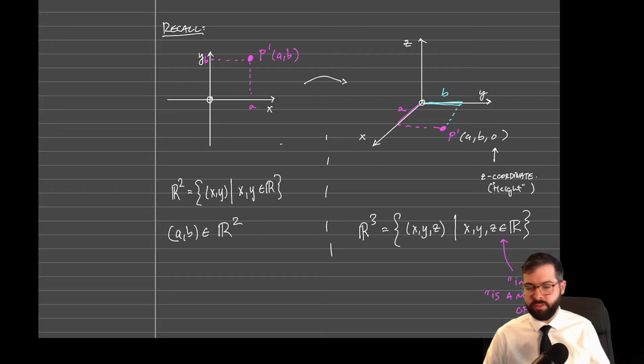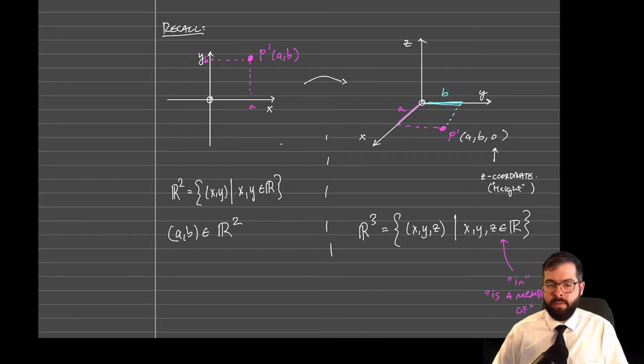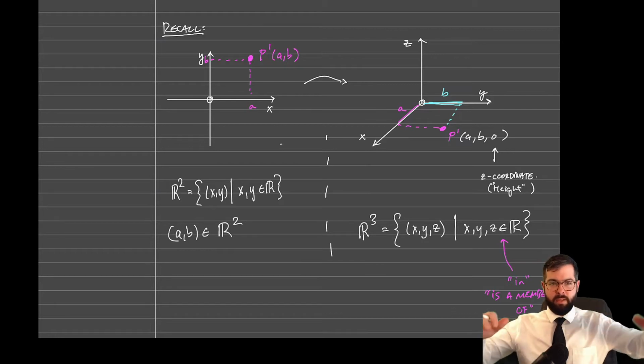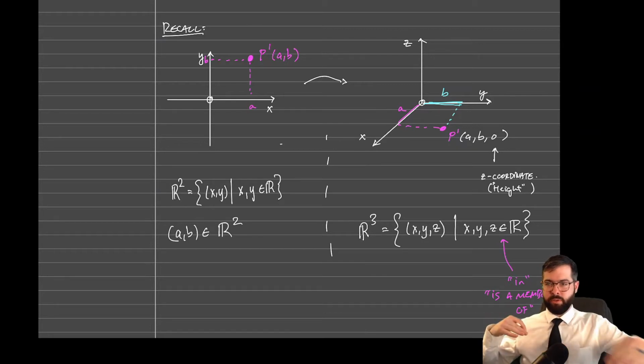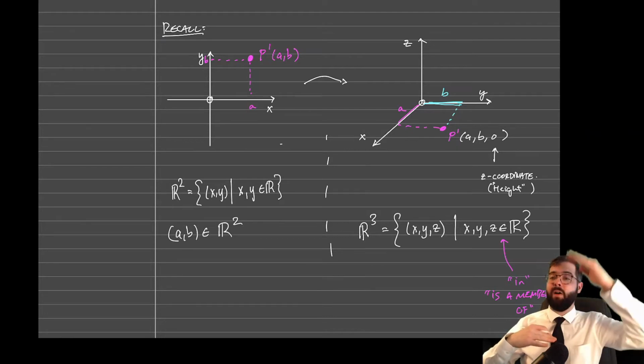Just in case you haven't seen that notation before, I'll move my head out of the way. Is a member of. So set of triples where x, y, and z are all real numbers. Okay, so that means you can go right over and out wherever, A and B are real numbers, and then now up and down as well.